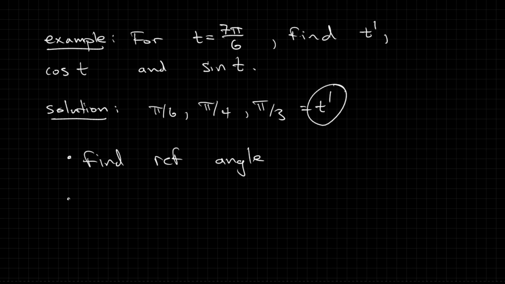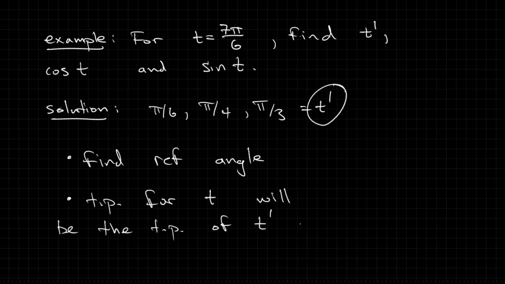Then you can use that fact that we talked about earlier. That is, the terminal point for t will be the terminal point of the reference angle, t prime, except you may have to adjust the sign.